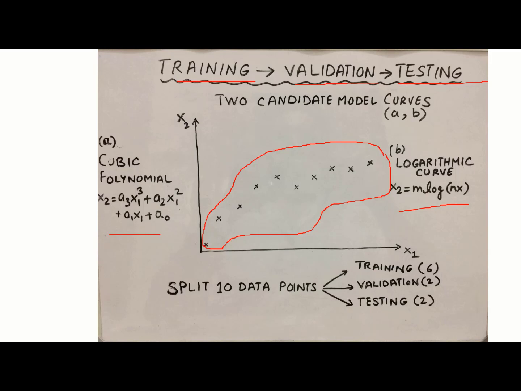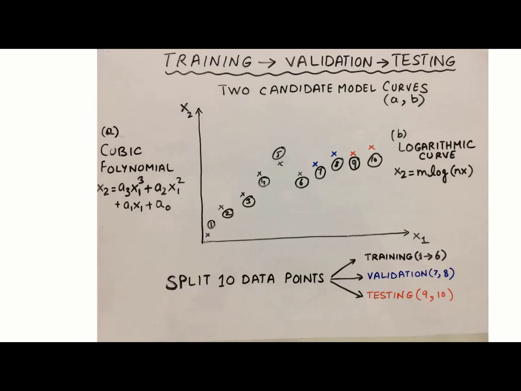So if we go by the recommended rule, or the rule of thumb, I'm going to split the 10 data points into 6 for training, 2 for validation, and the remaining 2 for testing. More specifically, I'm going to use the first 6 data points for training, the next 2 for validation, and the last 2 for testing.